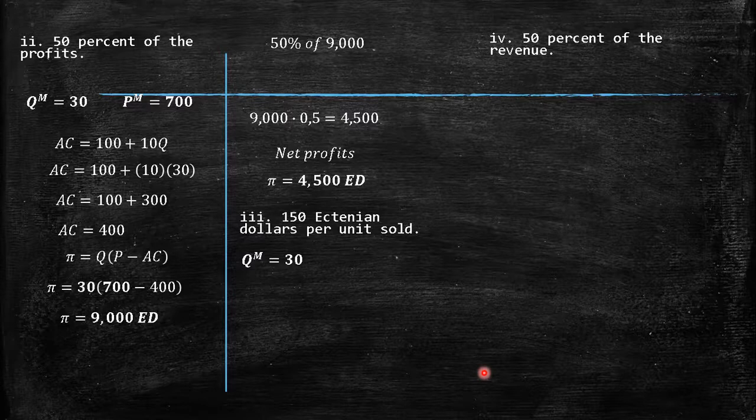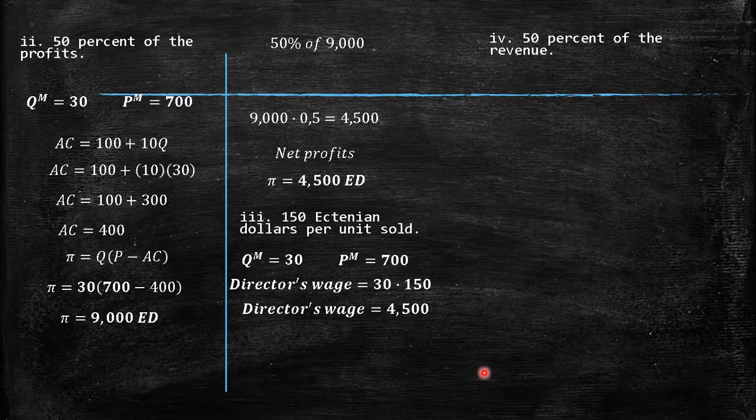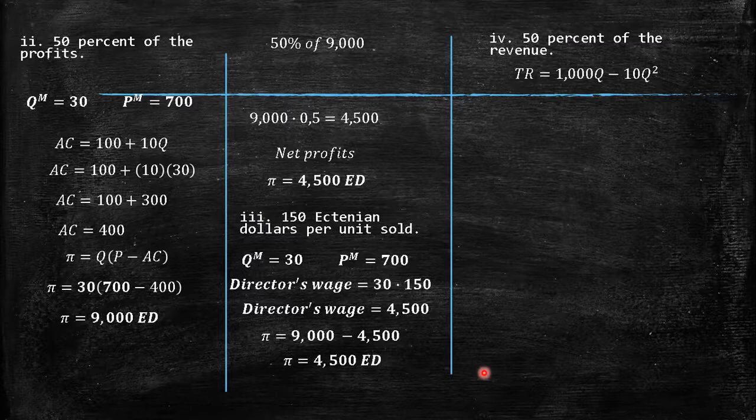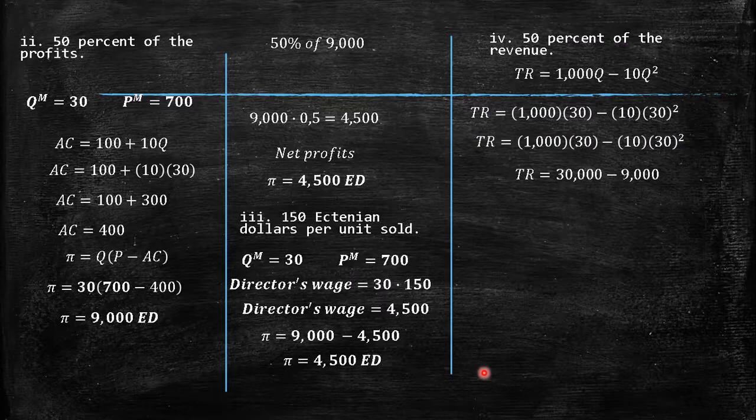The third idea is to provide 150 Ectenian dollars per unit sold. So the director's wage should be 30, which is produced, times 150, and then it should be 4,500. So then the net profit should be exactly the same as the second one. And the fourth one is the 50% of the revenue. So revenue should be this one. We just replace 30, so then it should be 30,000 minus 9,000.